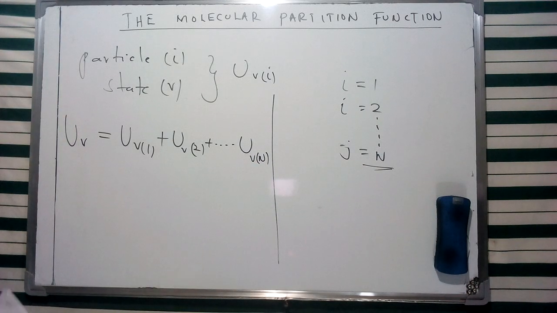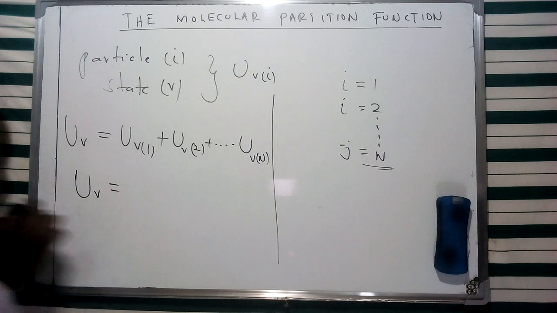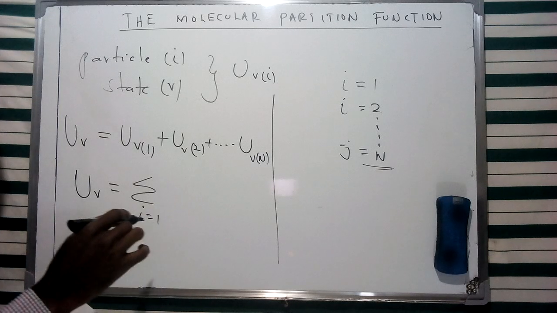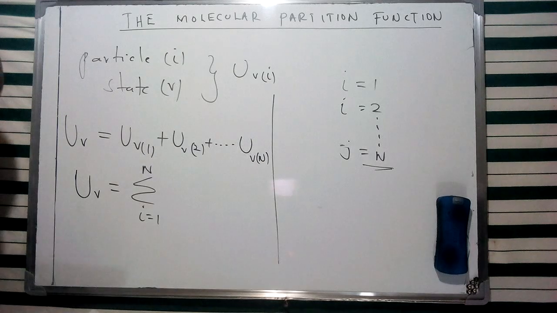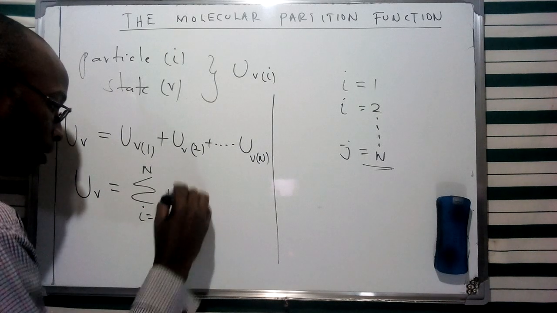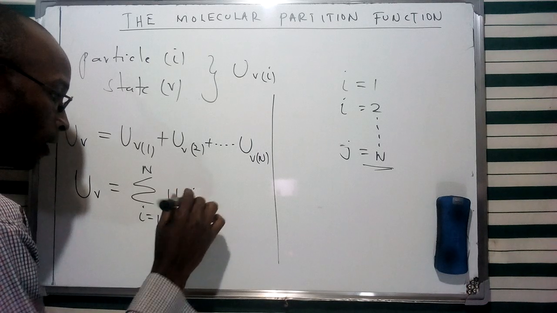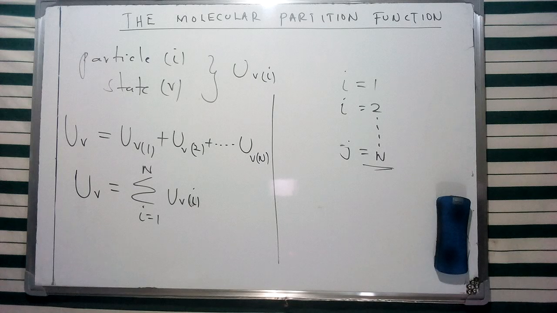Therefore, we can have a general formula to represent the internal energy of this state, which is a summation from I equal to 1 to the n state. This is going to be the total representation of those various aspects of the energy we have given, given as I above, of this particular particle.